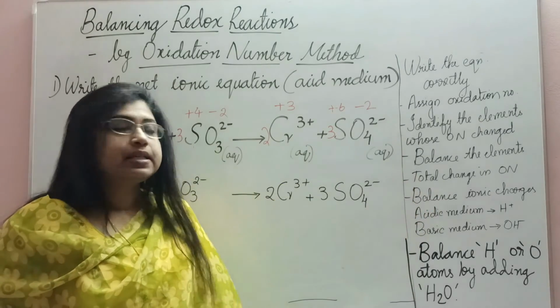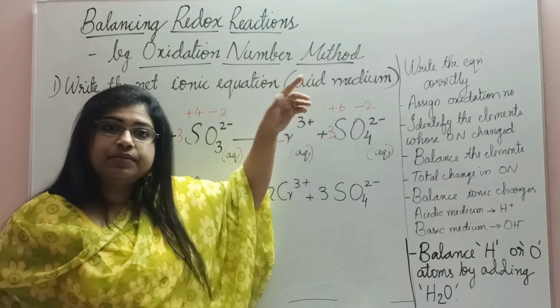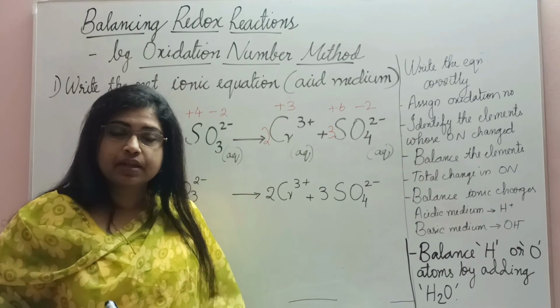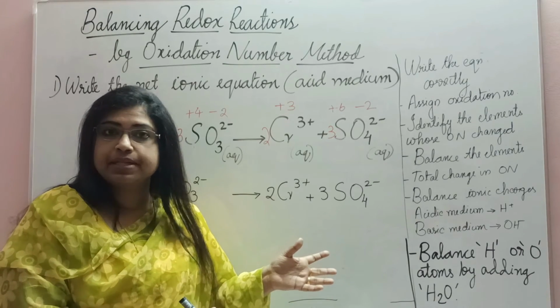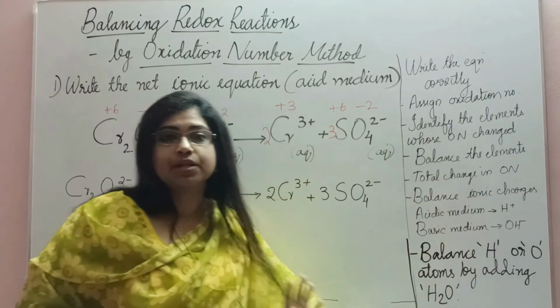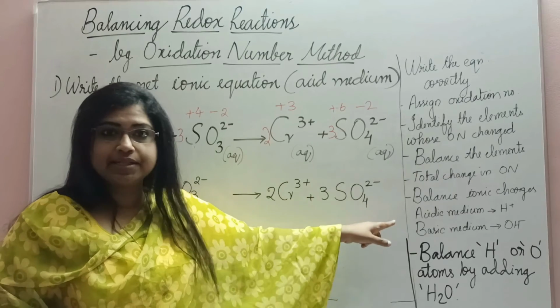In order to balance the ionic charges, if it is in the acid medium, we need to add H plus ions. If the reaction takes place in the basic medium, we need to add OH minus ions. So this is the next step, balance the ionic charges.